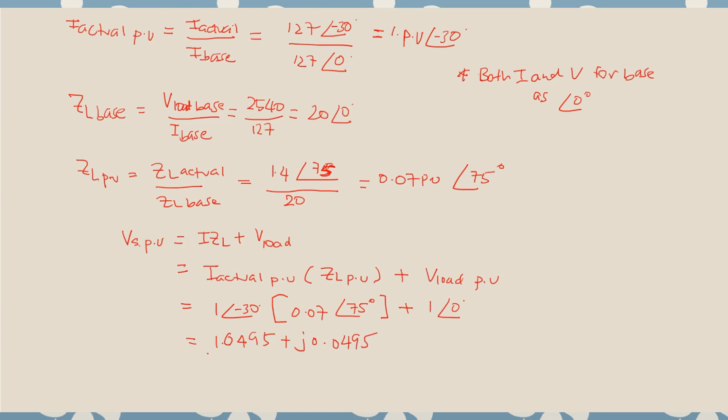Do you still remember how to convert from polar form to rectangular form? Good. If you do remember, this is in the rectangular form. This value is for single phase.